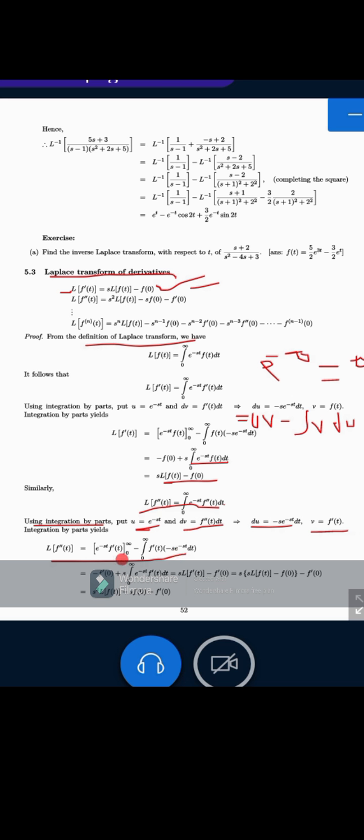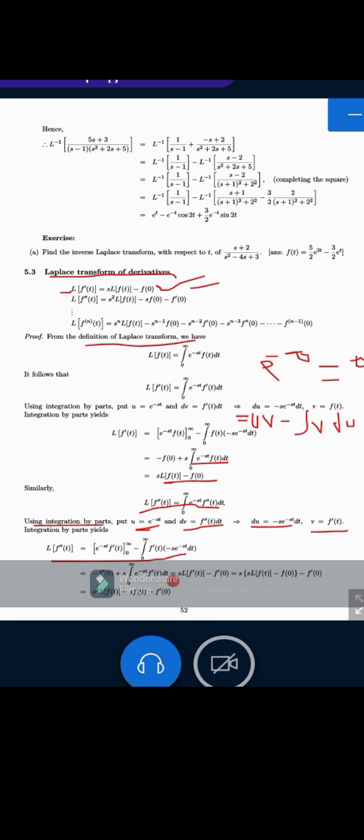And as we said, exponential of negative infinity is always 0. So we remain only with minus f prime of 0 plus s, which is a constant, and then this minus and minus give a plus here. So the integral from 0 to infinity exponential minus st f prime of t dt.